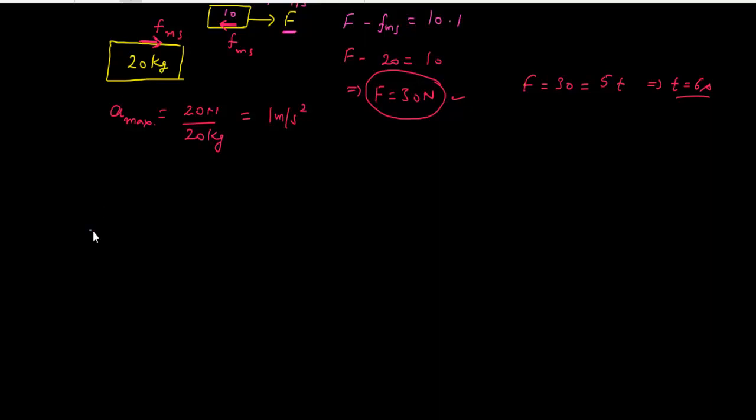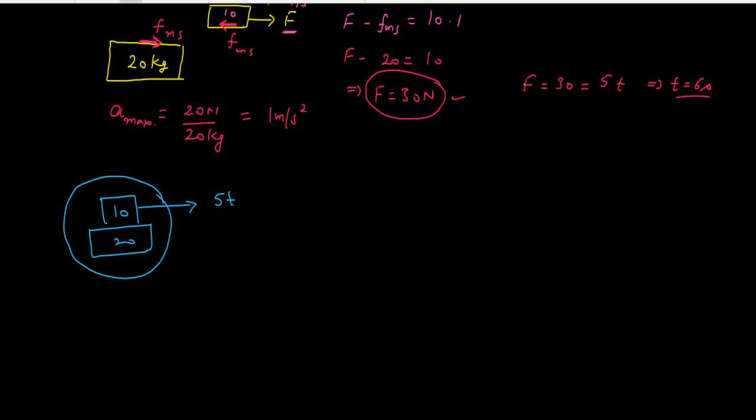Suppose this is the 20 kilogram block and this is the 10 kilogram block, and a force 5t is acting on the system. Now unless the force between the blocks reaches FMS, both the blocks have a common acceleration.